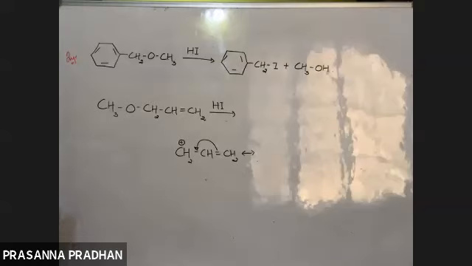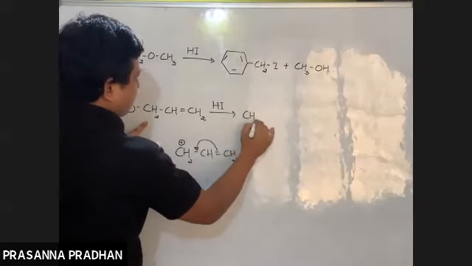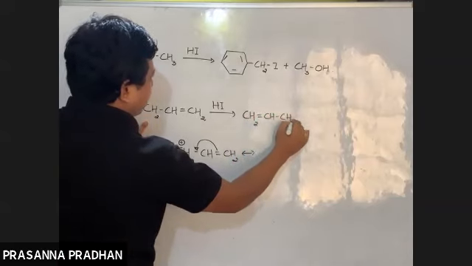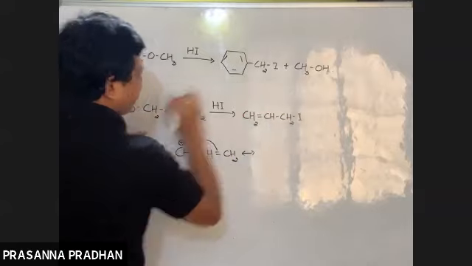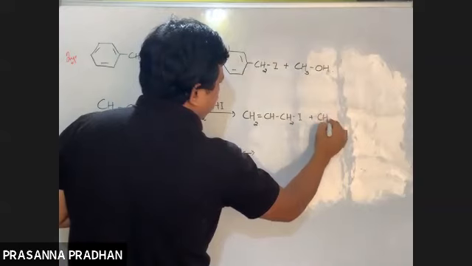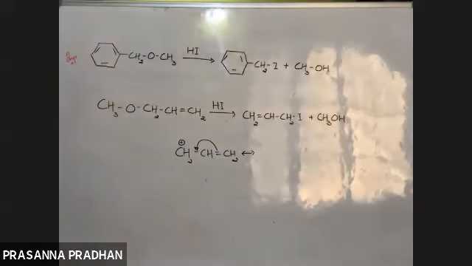So in such cases, the group which forms a stable carbocation, such as this allyl group, forms a bond with halogen like this, and the other part forms alcohol. So remember, guys.